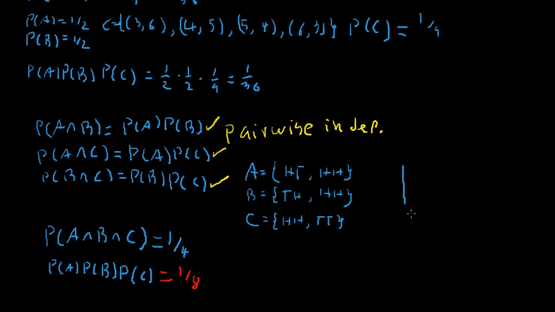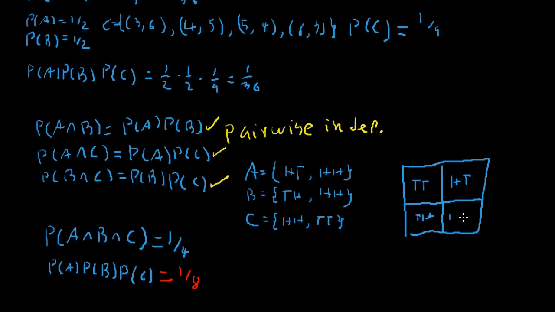Let's draw a picture that helps with intuition a little. So let's say that this is my sample space again. And I have tails, tails over here, heads, tails over here, tails, heads over here, and heads, heads over here.